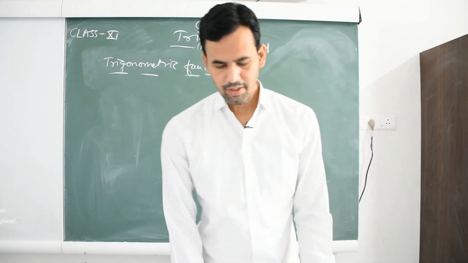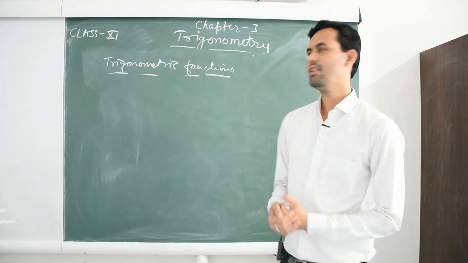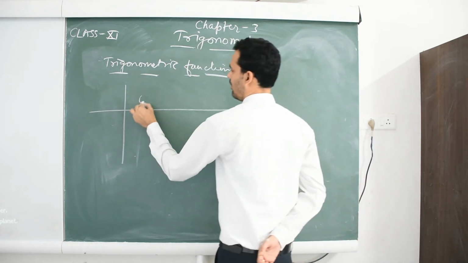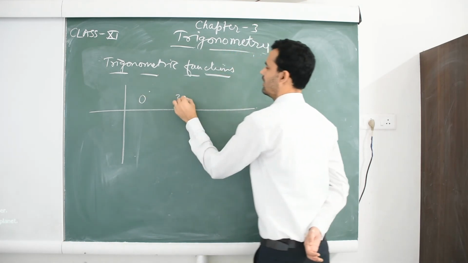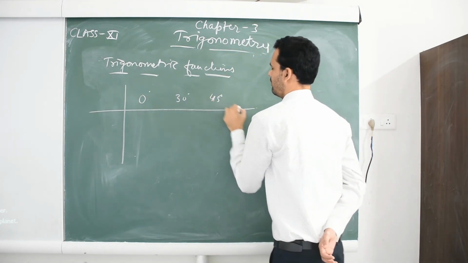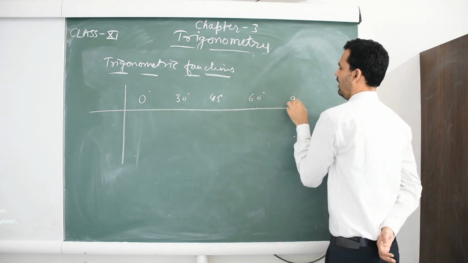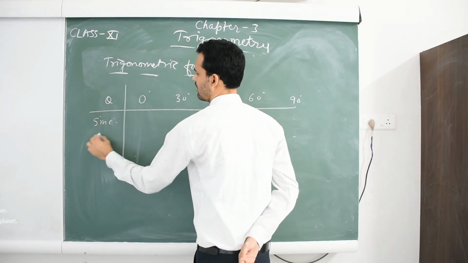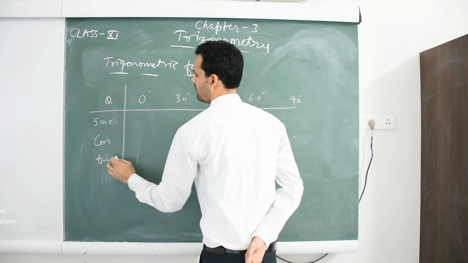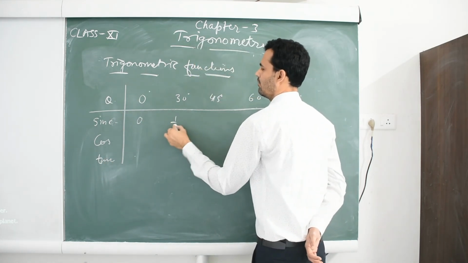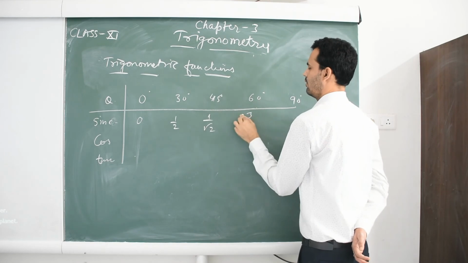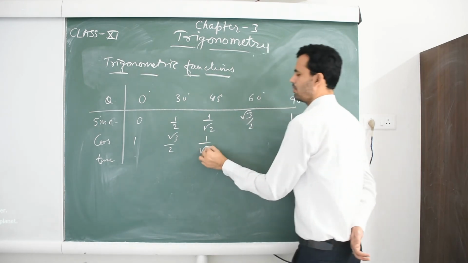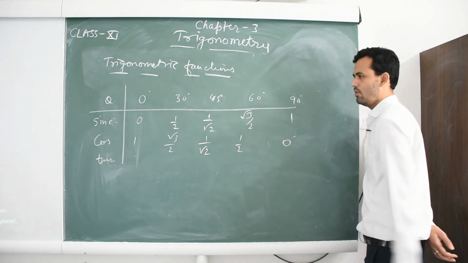There are so many angles, so many values of angles. First, in 10th class we discussed 0 degree, 30 degree, 45 degree, 60 degree and 90 degree. Sine theta, cos, tan: sine is 0, 1 by 2, 1 by root 2, root 3 by 2 and 1. Cos is 1, root 3 by 2, 1 by root 2, 1 by 2 and 0.